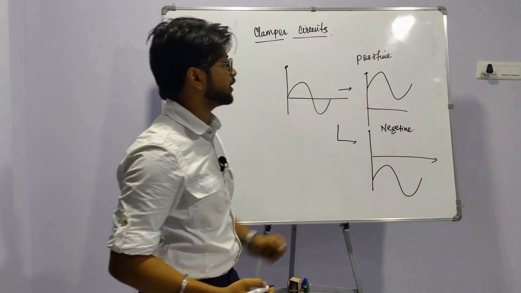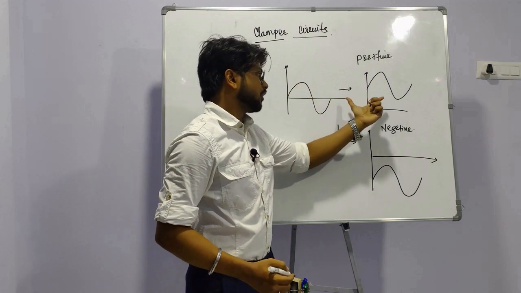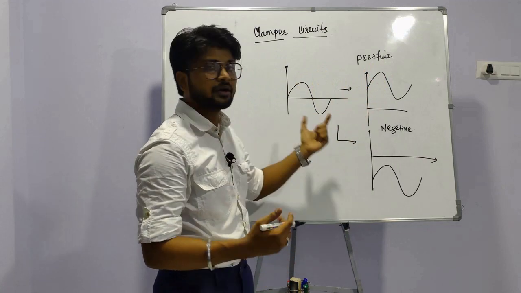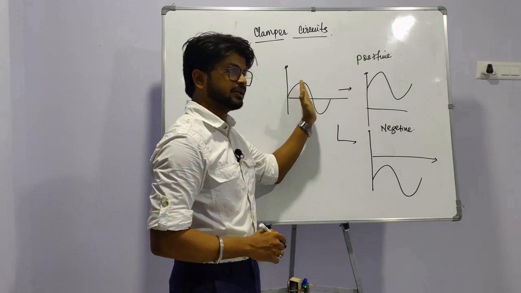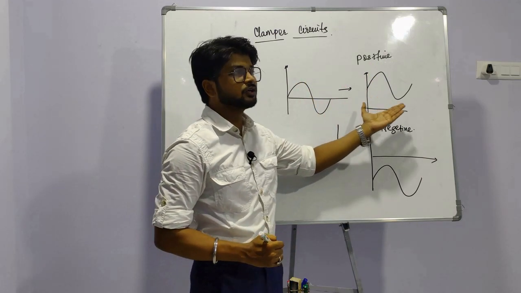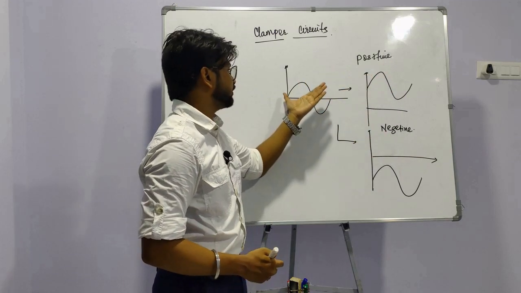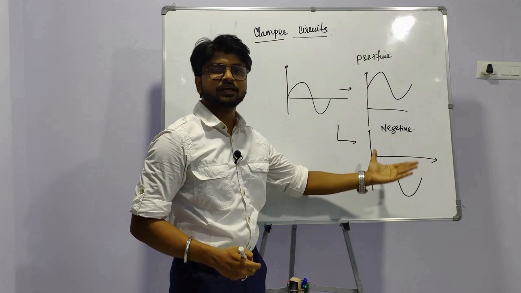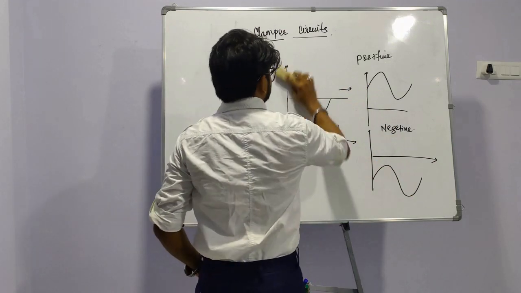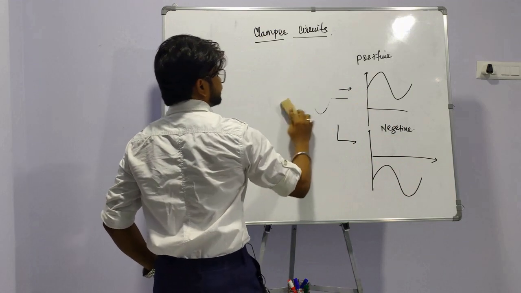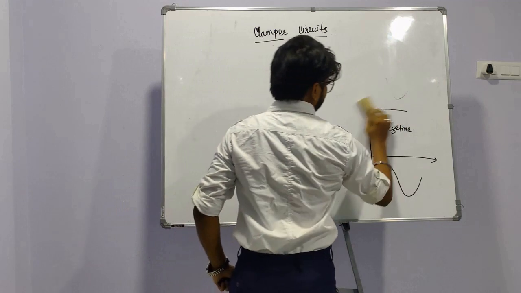By definition, in a positive clamper circuit the entire signal is shifted up to the positive half, and in a negative clamper circuit the entire signal is shifted to the negative half. Now let us discuss the circuit and see the construction and working of positive and negative clampers.